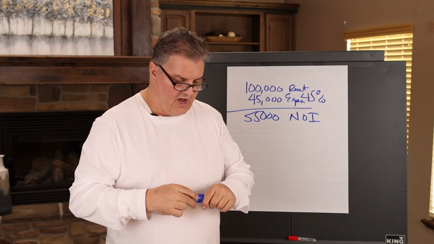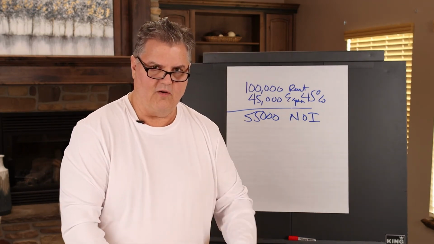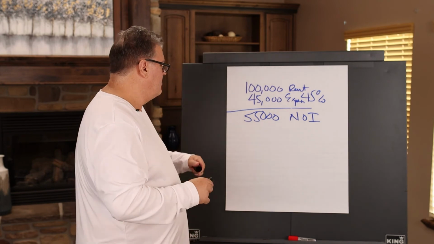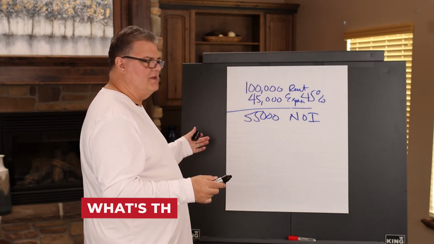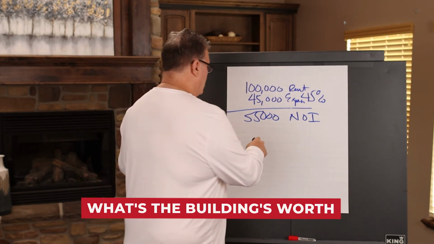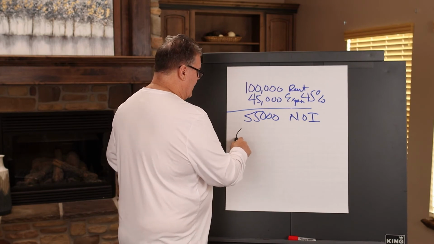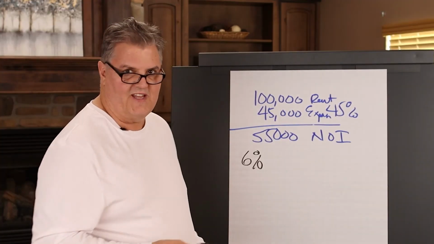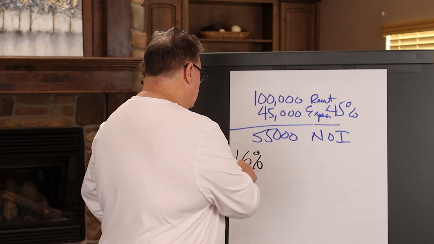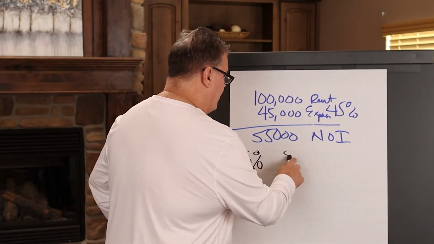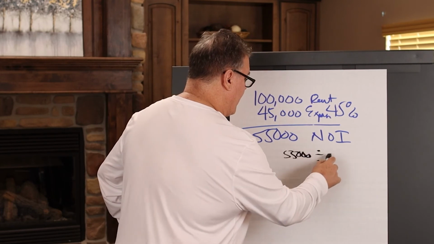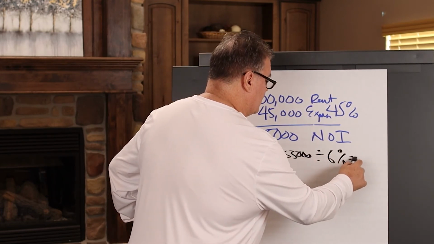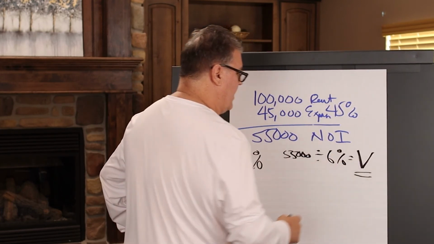So now I want to know what's the cap rate, okay? Well, two things. One, what's the building worth, right? So let's say that I want to pay around 6% for a building. I want a 6% cap rate or higher. So how do I do that? I take 55,000 divided by 6% is going to give me a value, okay?